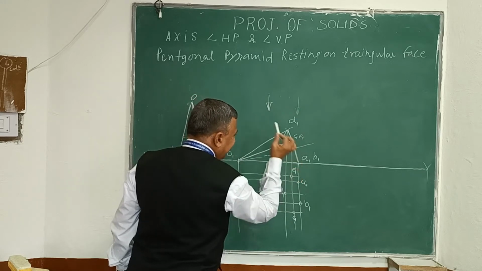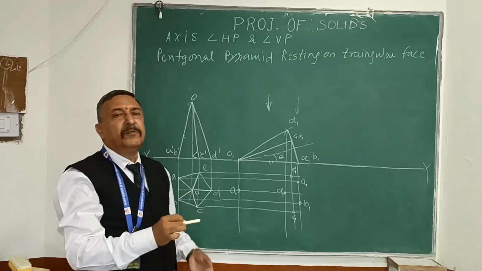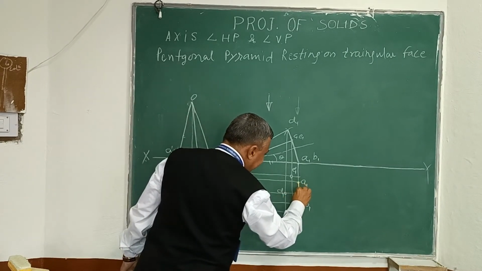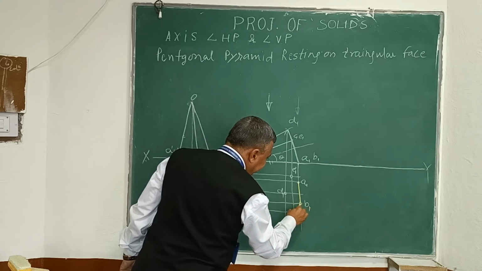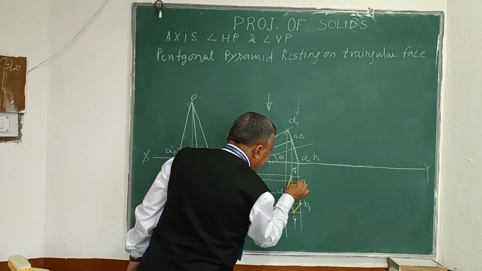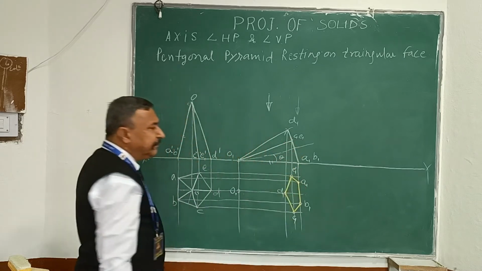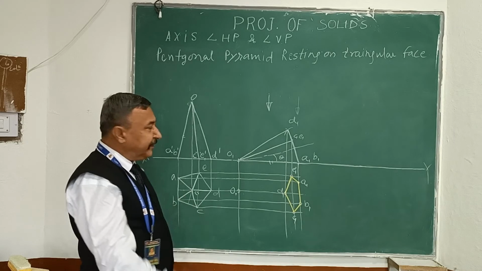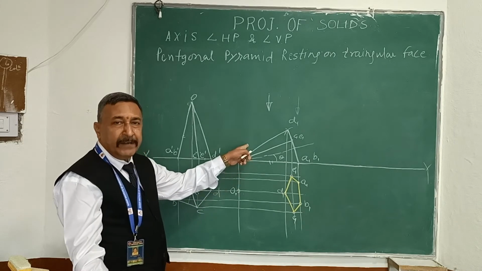So when base is visible, we first have to complete our base. So we complete the base, that is A, B, C, D, E and A. Next, in a pyramid, there is only one base.